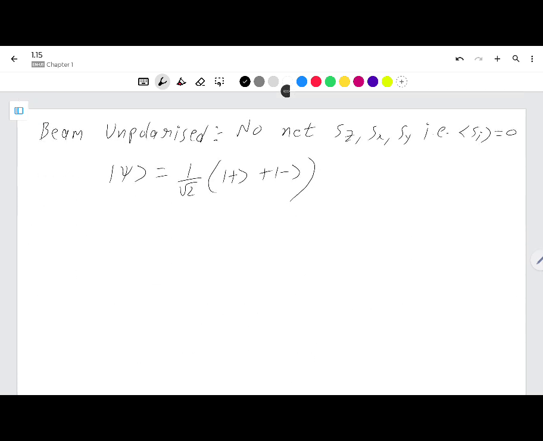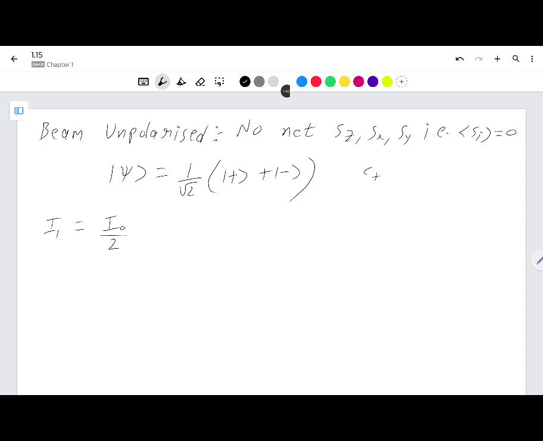The intensity of atoms after the first measurement will be I0 by 2, because 1 by square root of 2 squared is what is related here.